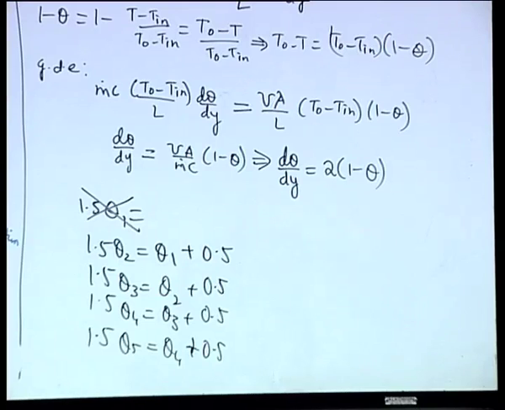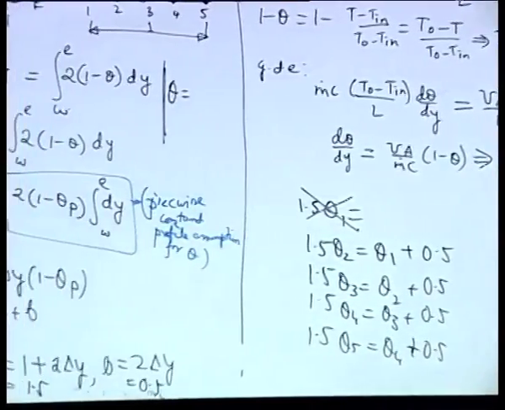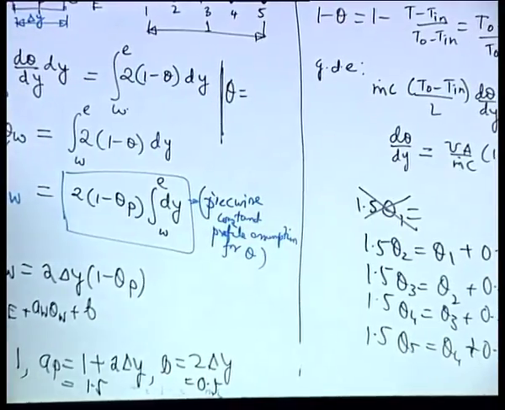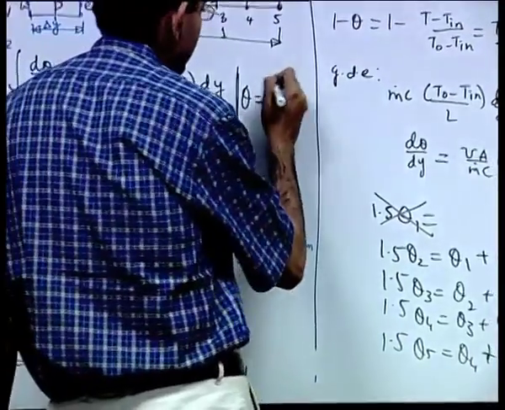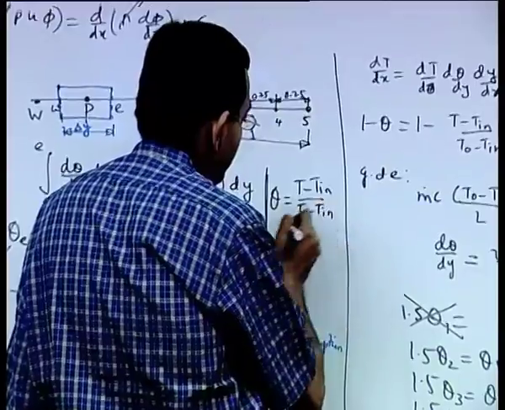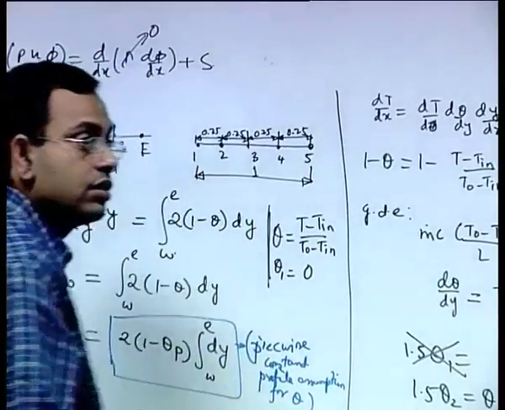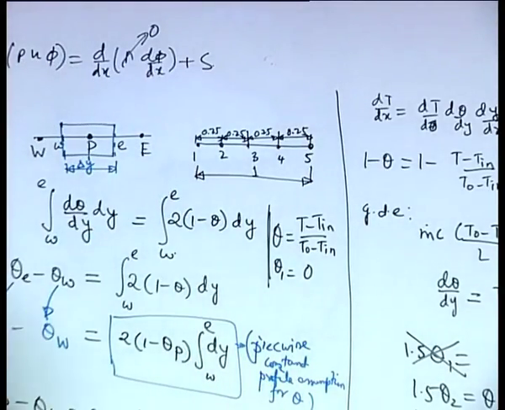Out of these, theta 1 is known. What is theta 1? What is the definition of theta? T minus T in by T0 minus T in. So theta 1 is 0 because T is equal to T in.